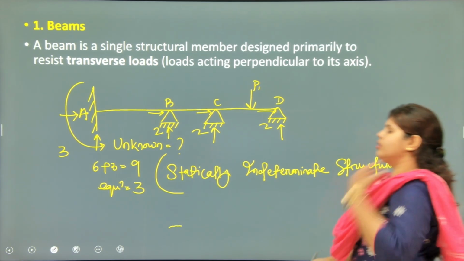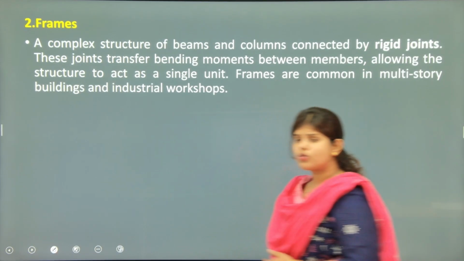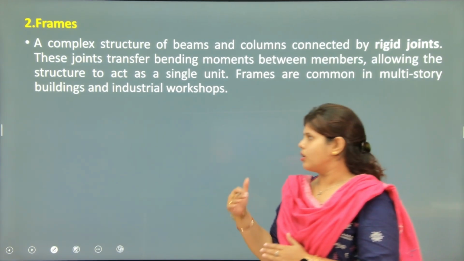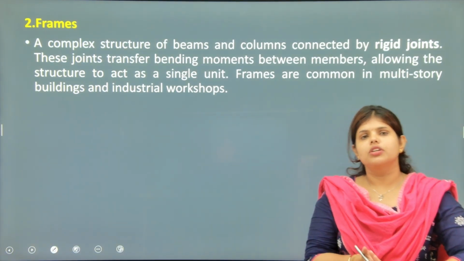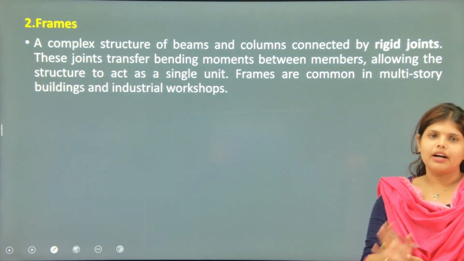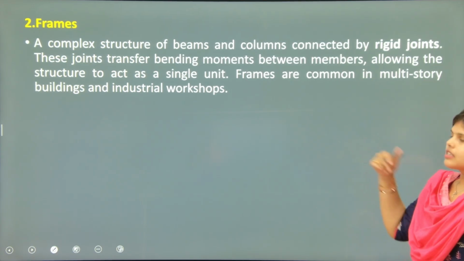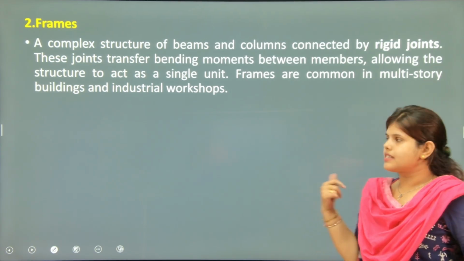Let's go for a frame structure. So what is a frame? In simple words, a combination of beam and column can make a frame. It is a complex structure of beams and columns connected by rigid joints.